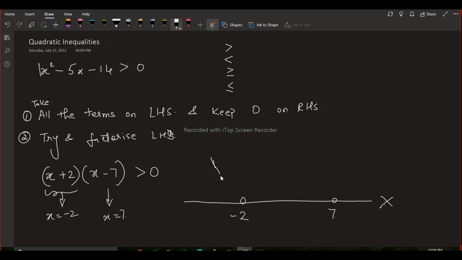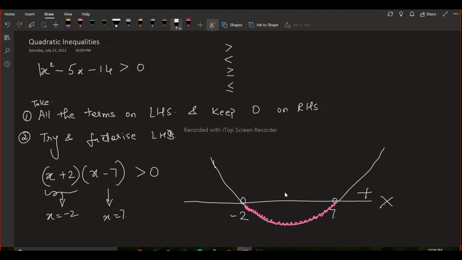The graph will go this way, right? And this part between minus 2 and 7 is below the x-axis, and this would be negative. And the part greater than 7 is above the x-axis, so this is positive. How we remember this is that when you get a root, the first root, anything on the right side is positive.